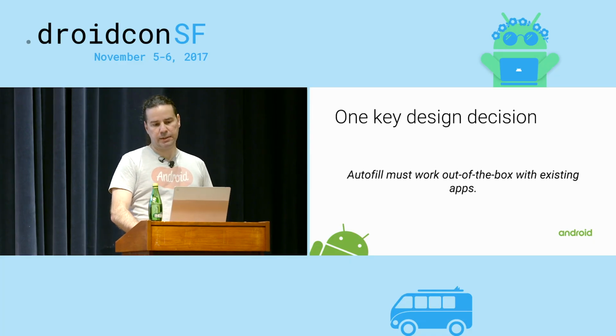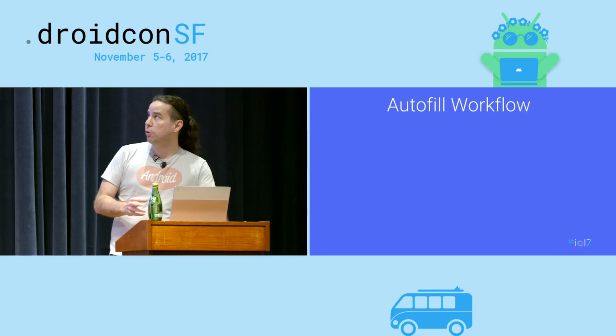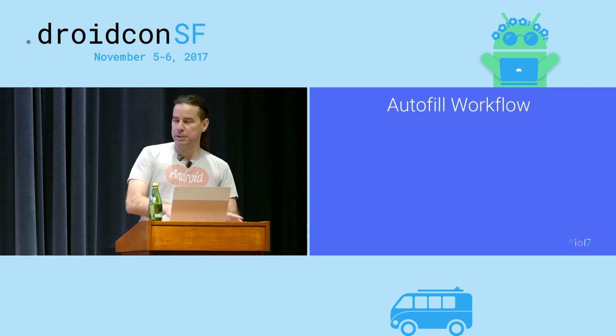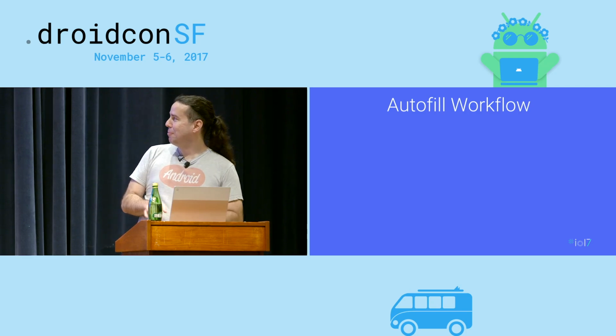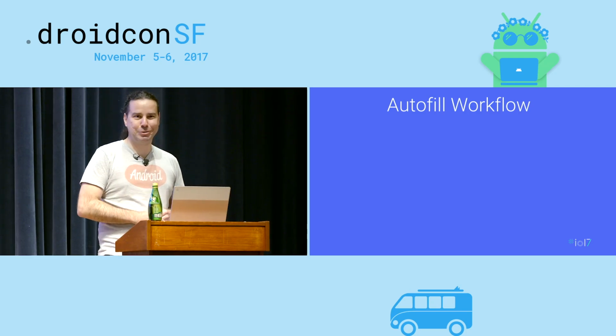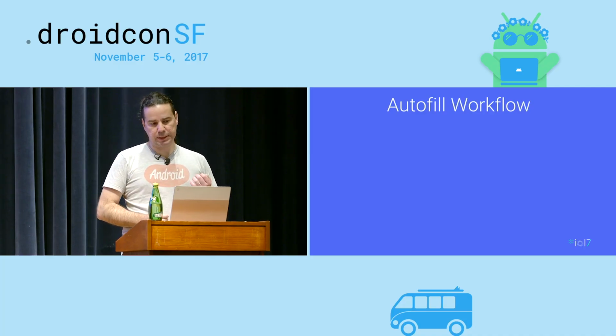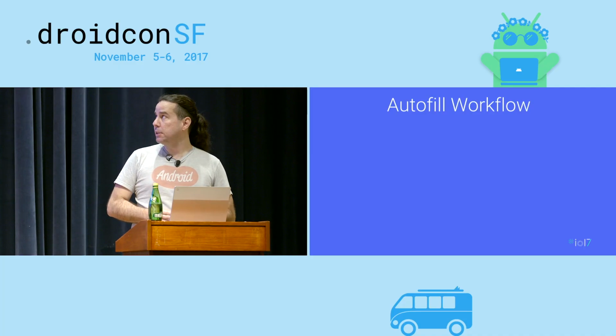And in order to understand that, we can take a look at how autofill works. What is the workflow that happens when we show an autofill UI to a user? This particular slide, I kind of borrowed from our I/O 17 presentation, Google I/O. I'm going to use Twitter as an example. In this workflow, there are three processes involved.